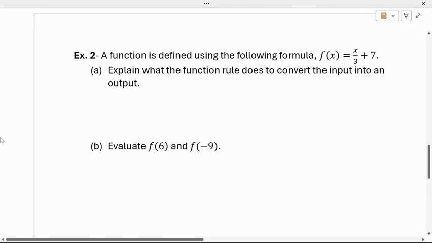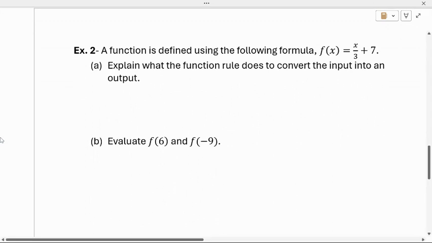Example number 2 says a function is defined using the following formula. F of x equals x over 3 plus 7. It says explain what the function rule does to convert your input, x, into an output, f of x.